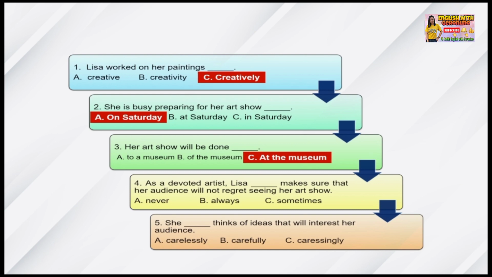For number 4, we have B. Always. And for number 5, it is B. Carefully. Did you get the answers correctly? If yes, then that's a good start. If not, it's okay. We will still discuss it anyway for you to learn about it more.